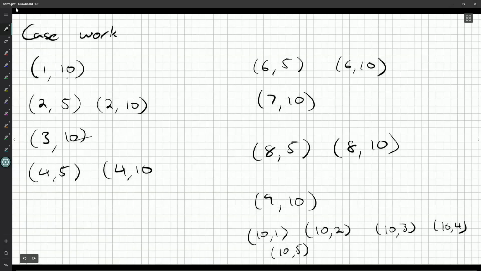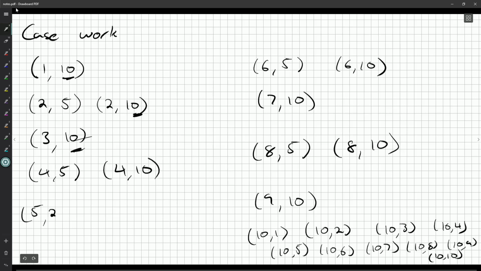So if Andre picks the 10 out, it doesn't really matter what the second one he picks is. Just like for all of these, you're going to have 10 as the second number, and that'll always work out. 10, 9. I guess we can squeeze in 10, 10 just in the corner there. And then 5. So 5 brings a factor of 5 there. I still need a factor of 2, so we have 5, 2, 5, 4, 5, 6, 5, 8, and of course 5, 10 as always.